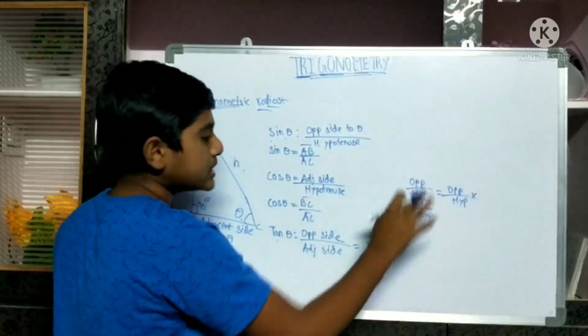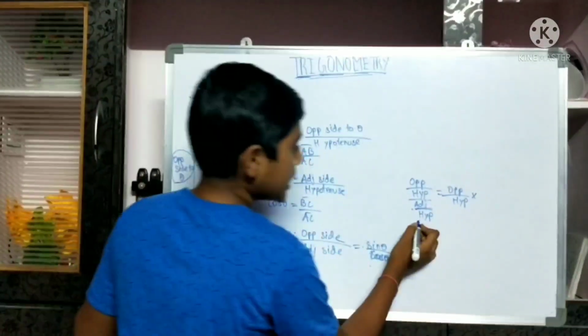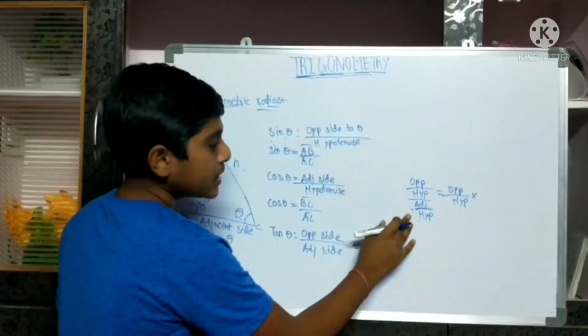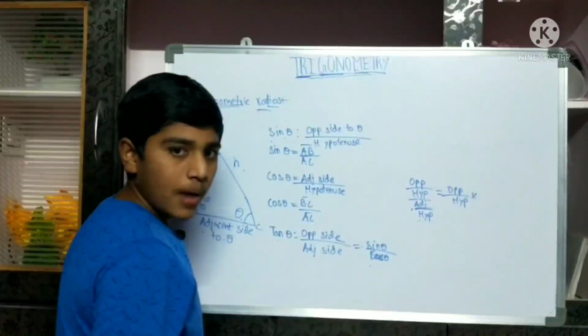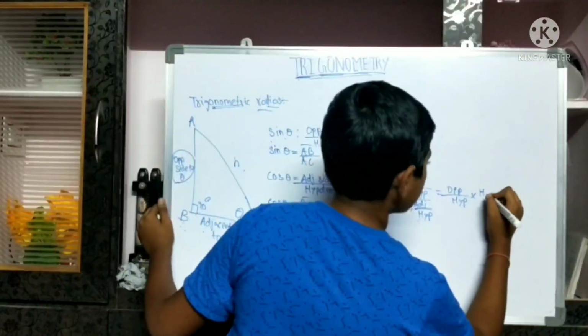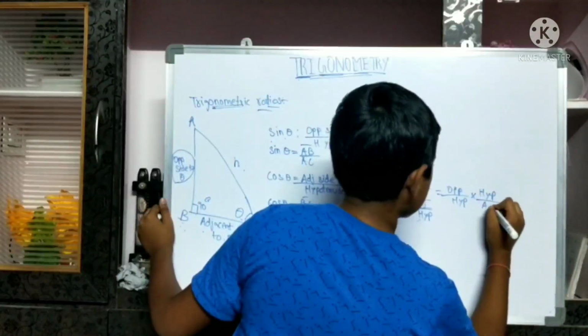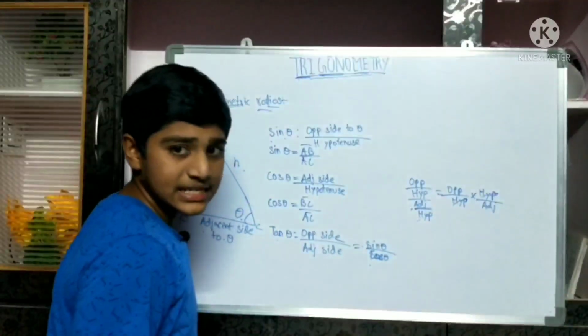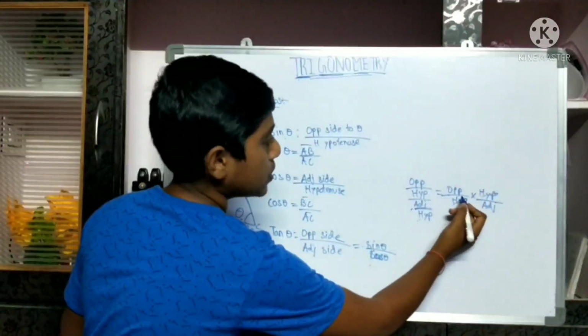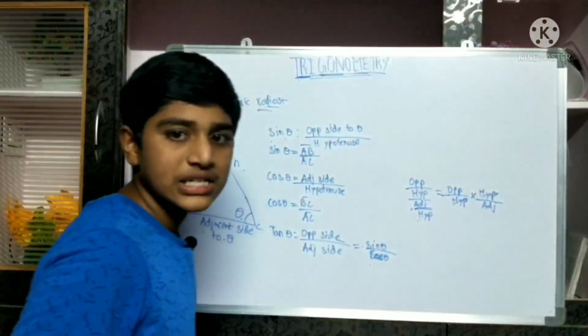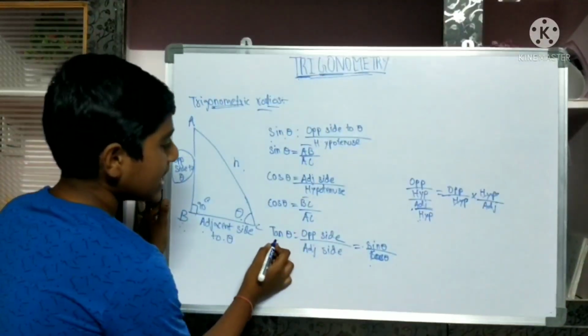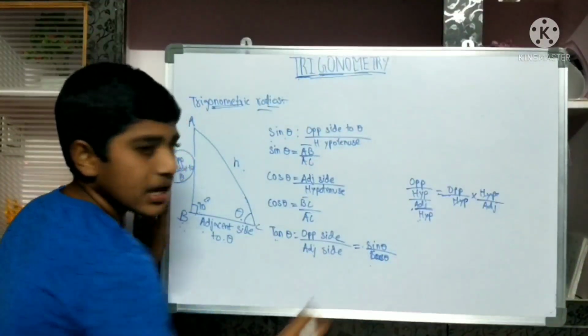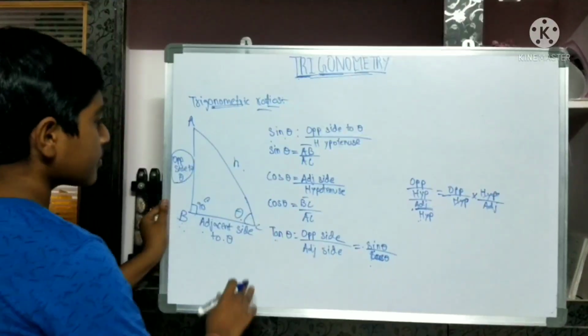If we take it upwards, it will be multiplication. It will be the reciprocal because from downwards we are taking to upwards, right? By adjacent. So here the hypotenuse gets cancelled and it will be equal to opposite side by adjacent side. So tan theta is equal to sin theta by cos theta.